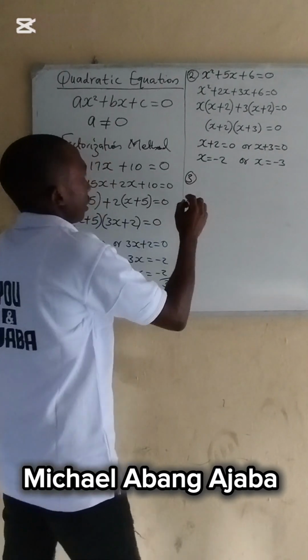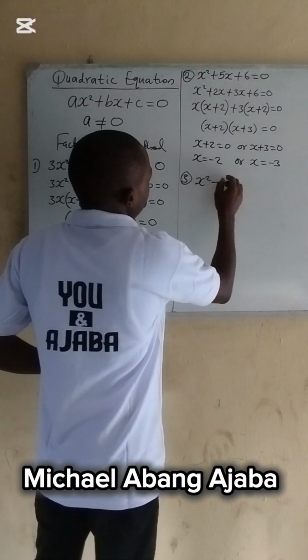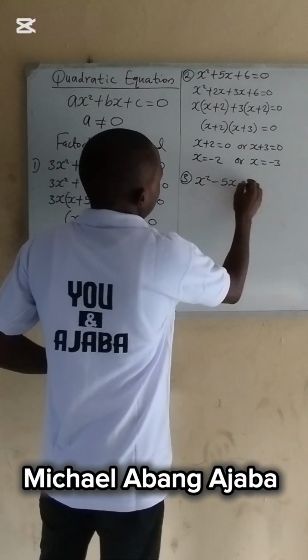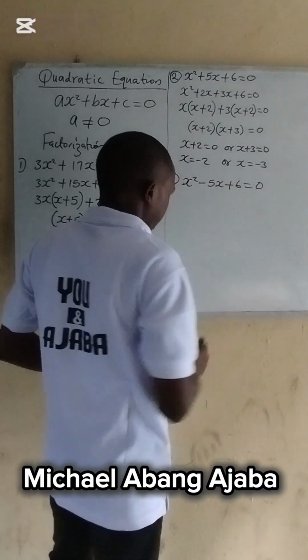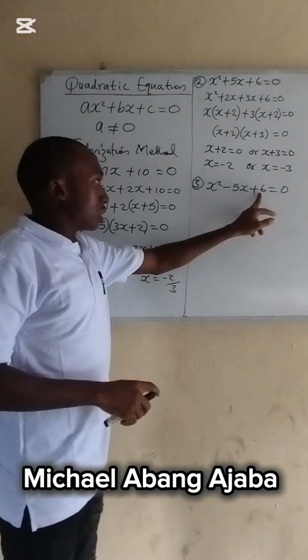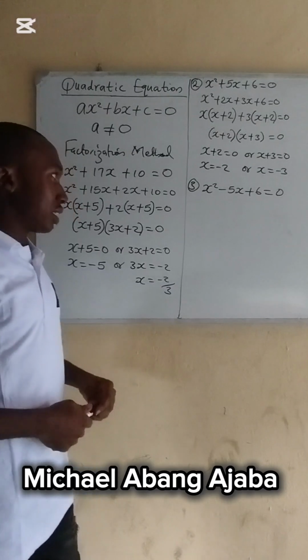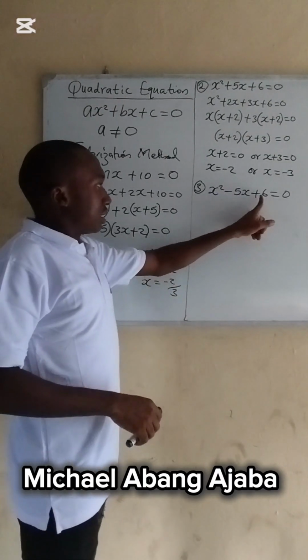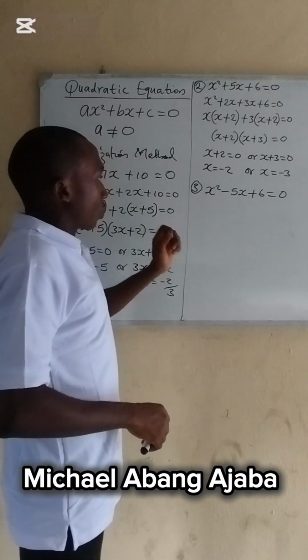We'll still consider another example, example 3. We have x squared minus 5x plus 6 equal to 0. We earlier said if this is positive, the two numbers are all going to be positive or they are all going to be negative. In this case, this is positive and this one negative.